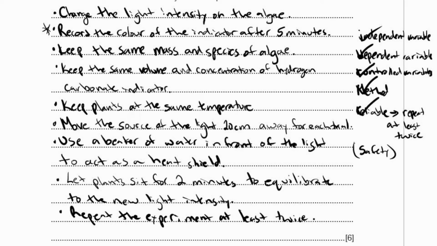Another thing you can include, this time they don't include it, but often you get a mark for mentioning the control. So the control is the trial, the experiment where you expect a negative result, where you expect nothing to happen. Because if something does happen, then that's not really what you want.